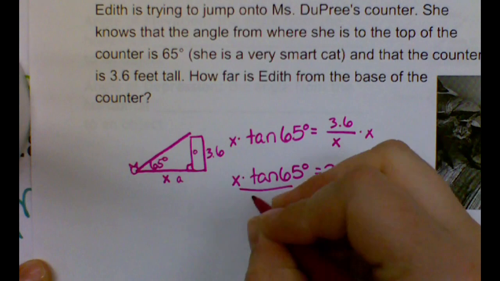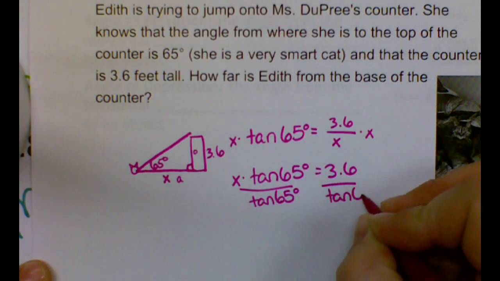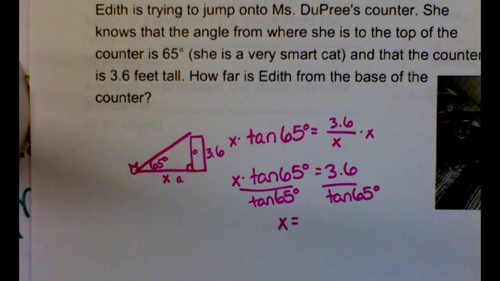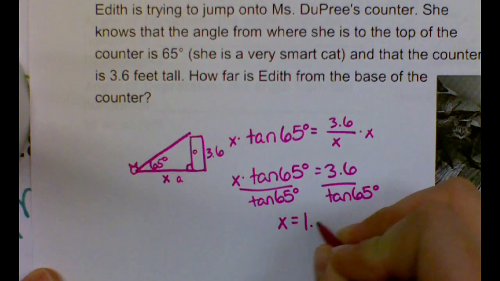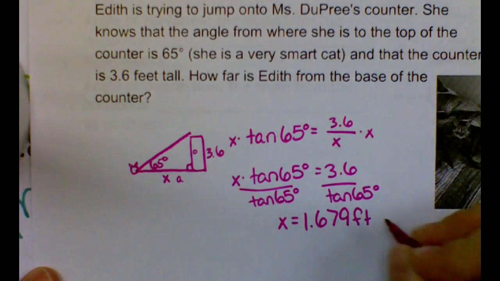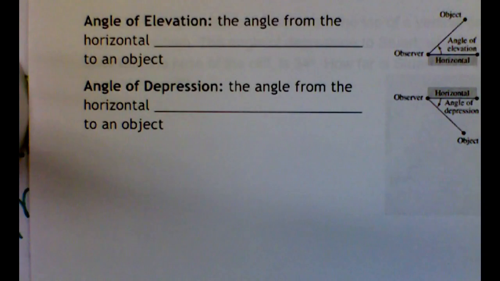I'll divide by the tangent of 65 degrees, and that's Edith's distance to the counter. Be careful here. Make sure you're not using an inverse tangent, just regular tangent. 1.679 feet. That's how close Edith is to the base of the cabinet.